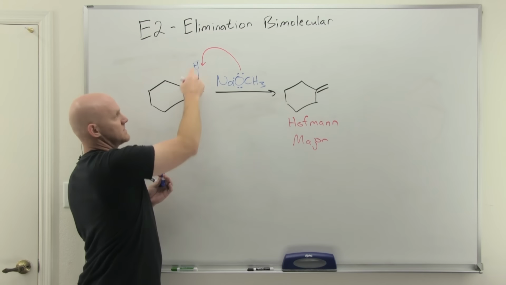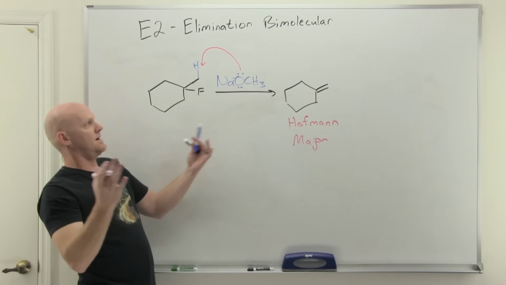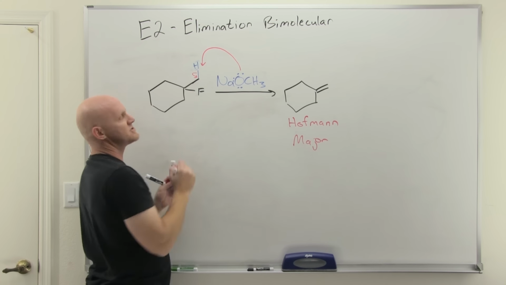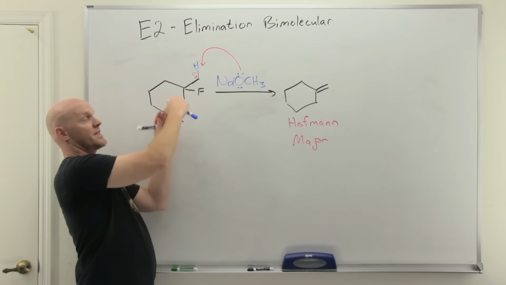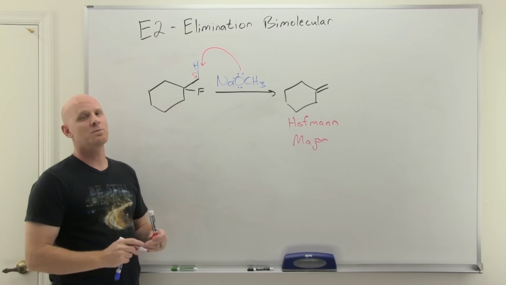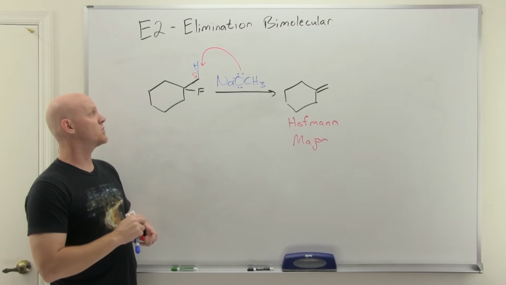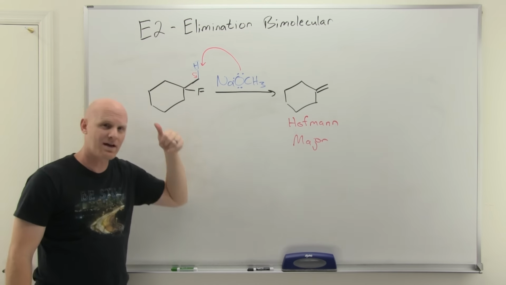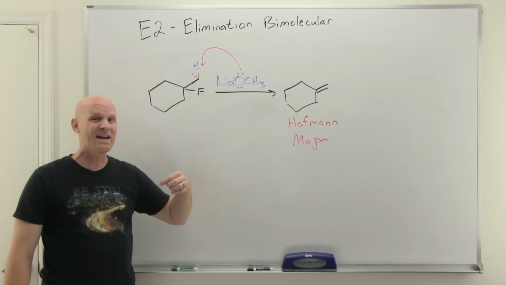And this carbon's like, dude, the hydrogen's gone already. You need to leave. And so we get a little buildup of charge on that carbon. Now, this is not the proper mechanism. The proper mechanism, this still all happens in a concerted fashion. But it turns out in the transition state along the way, there is a buildup of charge on that carbon, and it is on the beta carbon specifically, and it's very anion-like.